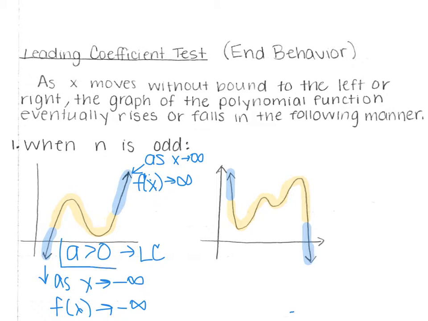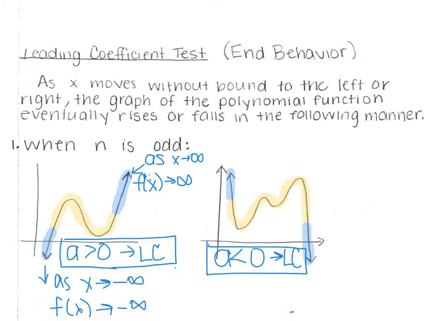So the second case, however, happens when a is less than 0. So my leading coefficient is less than 0. And when this happens, we see a bit of a change in the graph. So as x approaches negative infinity, so the smaller x gets, the bigger f of x is actually going to get.